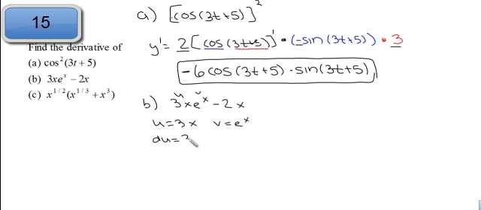So the derivative of u is 3, the derivative of v is e to the x. So derivative of u times v plus the derivative of v times u, minus the derivative of 2x, which is 2.